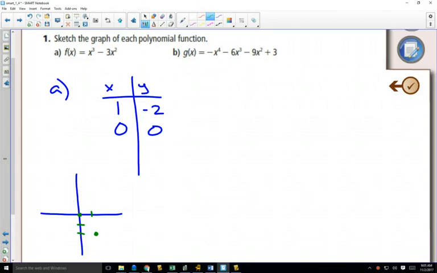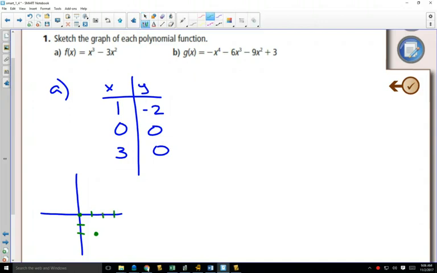With that many points, do you feel confident you know what this graph looks like? No. This is part of the problem with a table of values: it takes a long time, right? Let's put on some other points. Where would you like another point? 3? So you plug in 3, you're going to get 27 minus 27, you get 0 again.